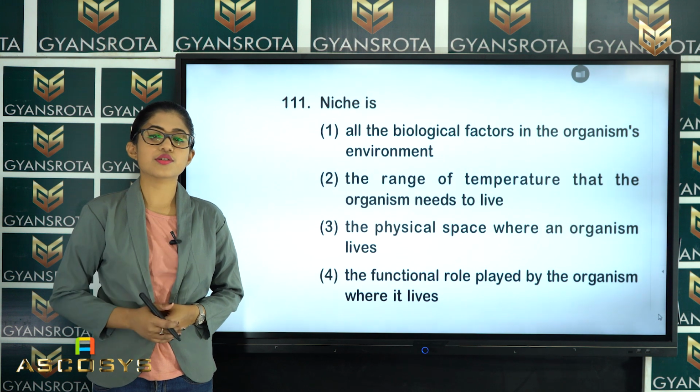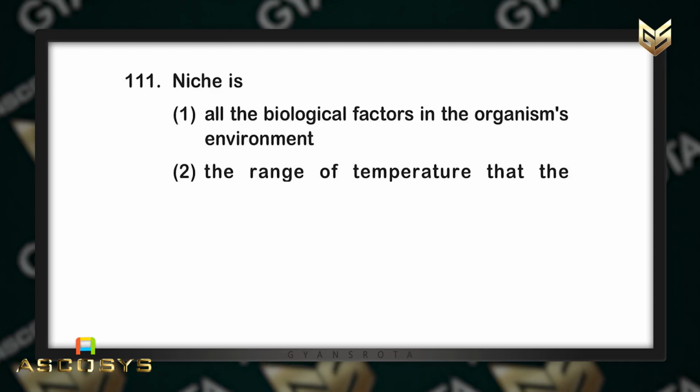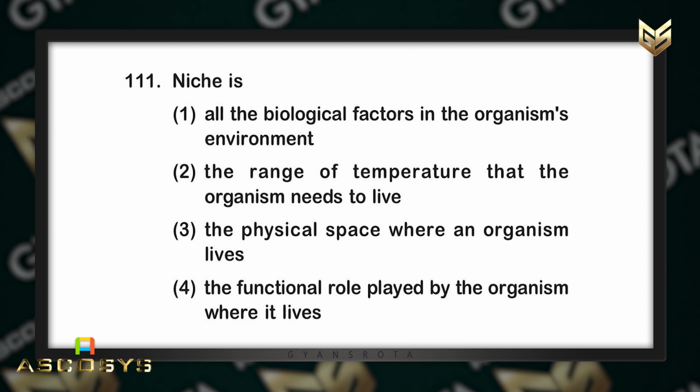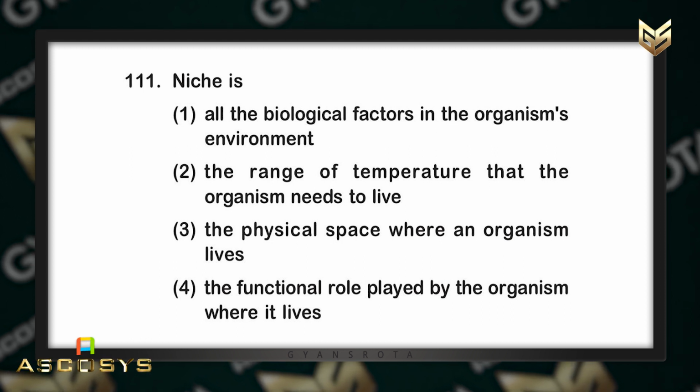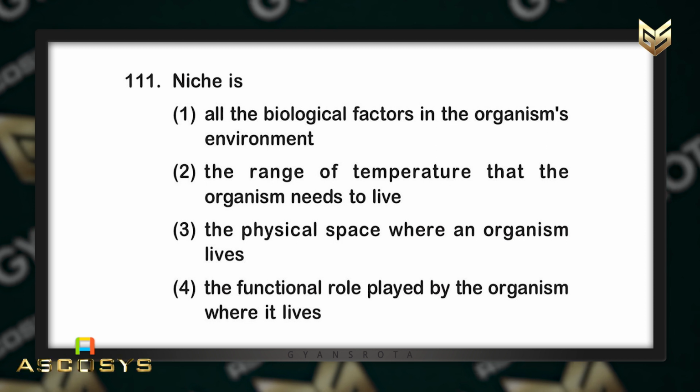In this question, as you can see here, question number 111, niche is: option number 1, all the biological factors in the organism's environment; option number 2, the range of temperature that the organism needs to live; third option, the physical space where an organism lives; and the fourth option, the functional role played by the organism where it lives.